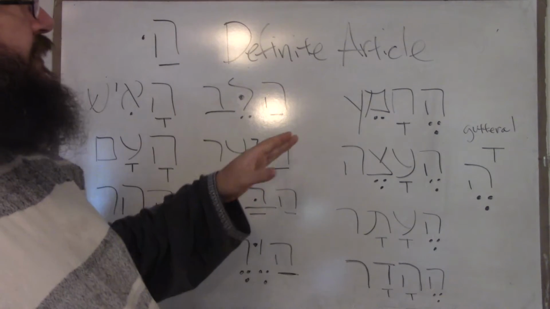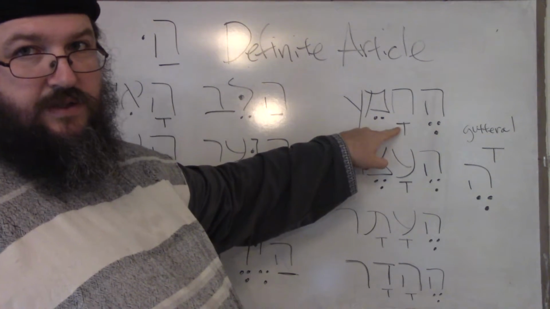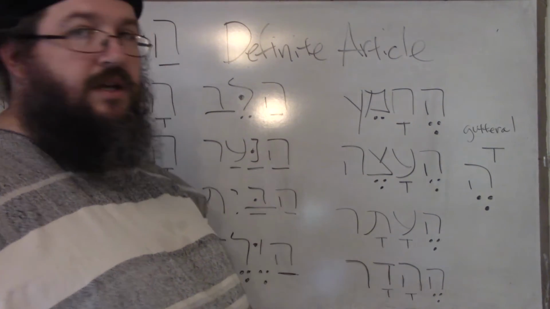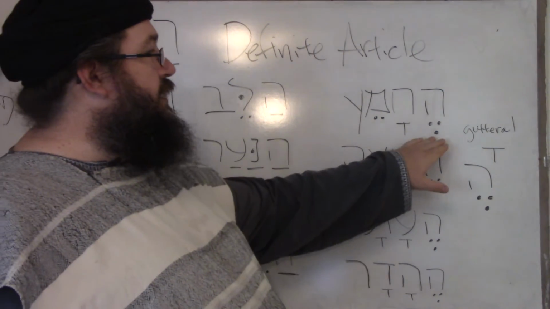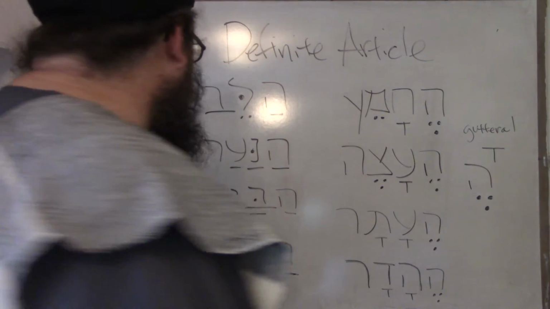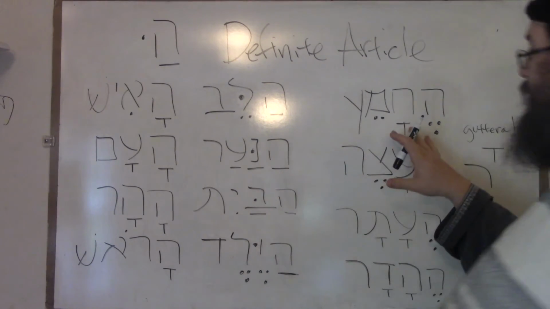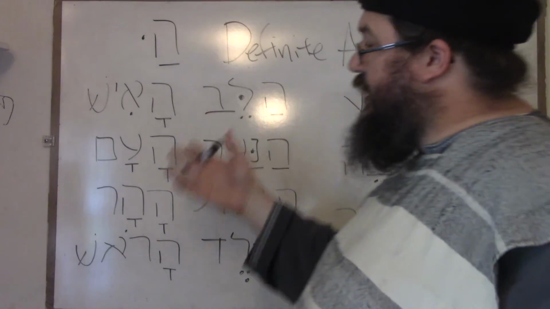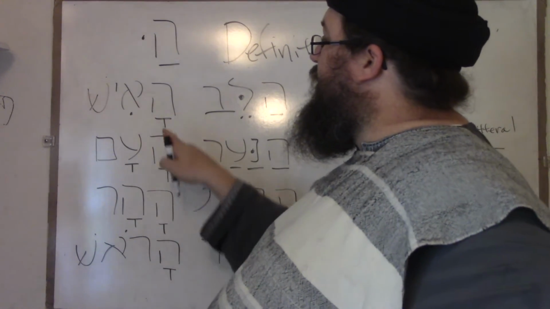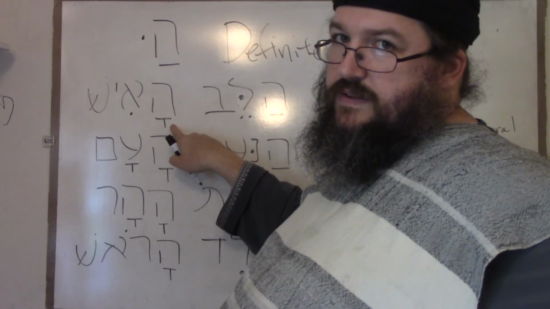The next thing is, if we have a guttural with a kamatz underneath it, and this is going to be a chet, an ayin, or a hey noun, we're going to make the segol our vowel with the hey in front, with no dagesh, of course. And then lastly, if we have a guttural but not the kamatz, just a regular guttural with other typical vowels, we're going to change the hey's vowel and make it into a kamatz instead.